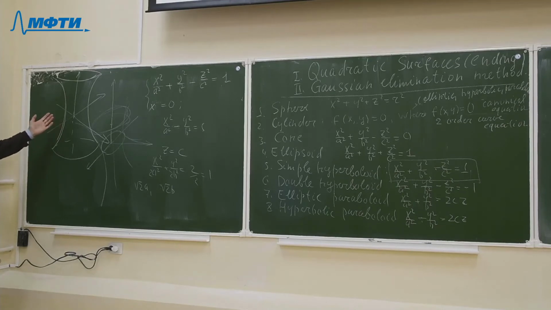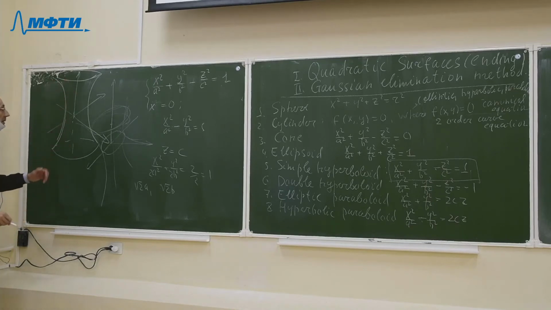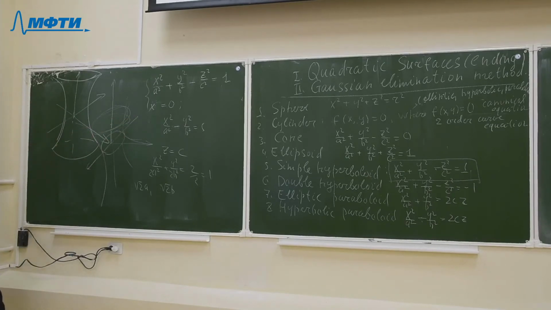If we consider the section by the plane which is parallel to the first coordinate plane XOY, we obtain in this case the ellipse, and if we consider the section by the other coordinate planes which are parallel, y or z and x or z, we obtain the hyperbolas.